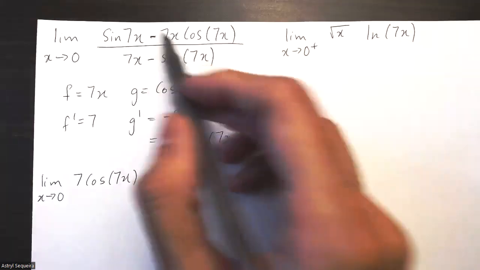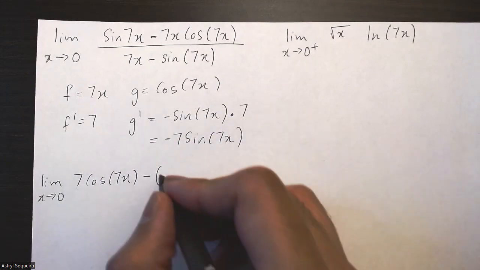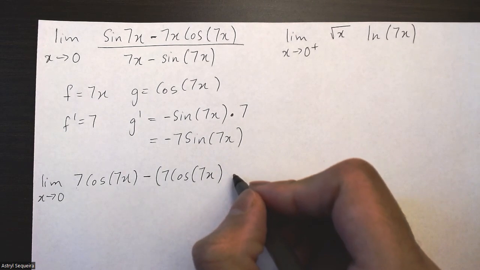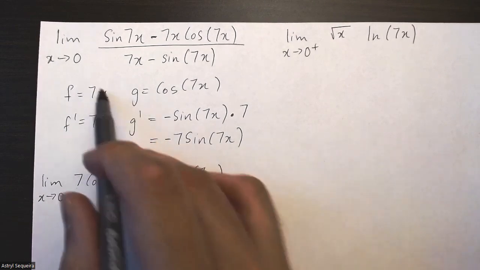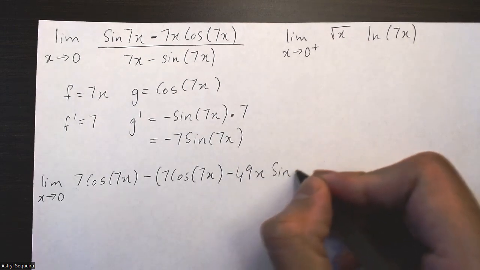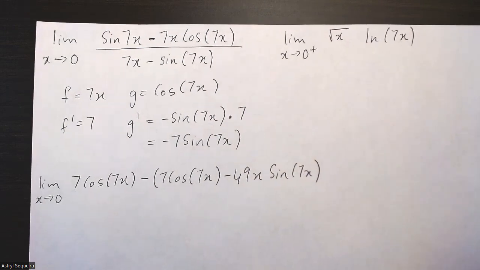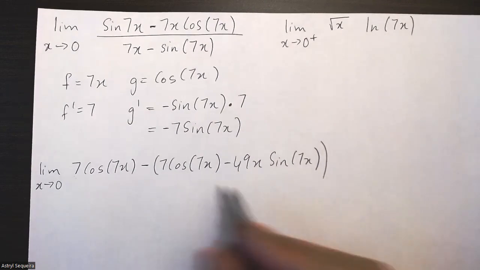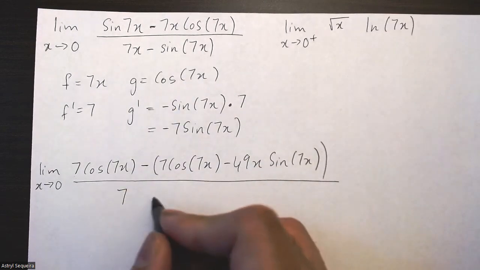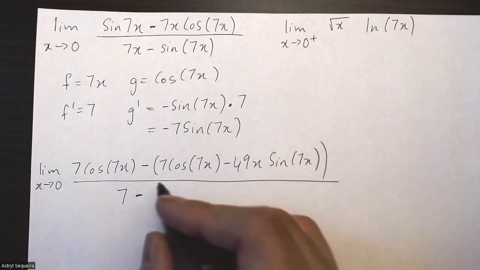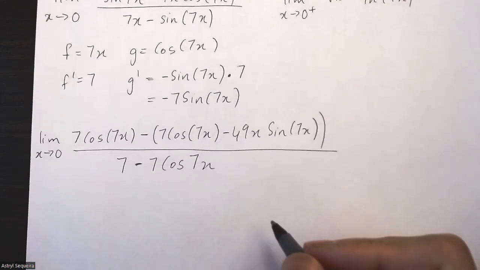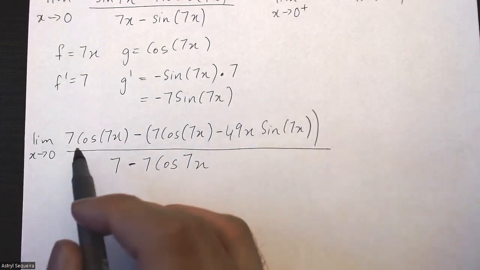Minus, this is my product rule over here, so f prime times g is just 7 cos 7x plus g prime times f, that's actually negative 49x sine 7x. And then I'll derive the bottom as well. So the derivative of 7x is 7, and the derivative of negative sine 7x is negative cos 7x.